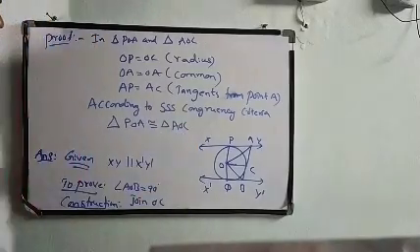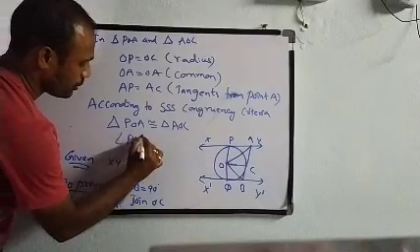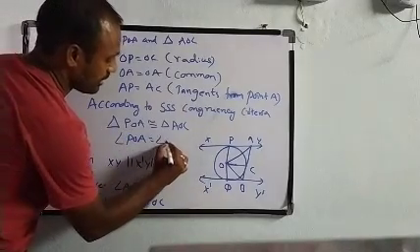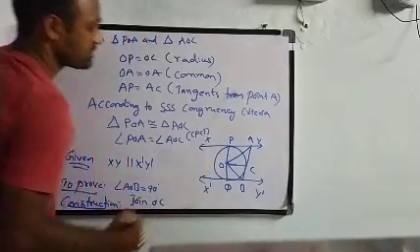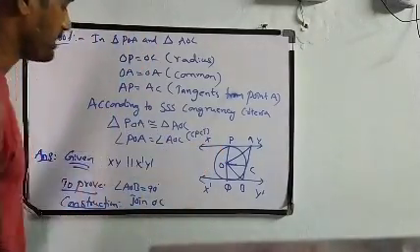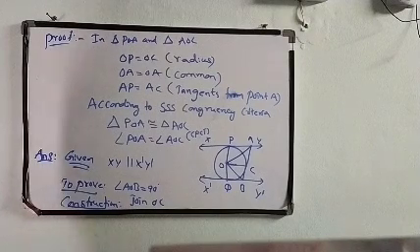If these two are congruent, I can write angle POA is equal to angle AOC by using CPCT, corresponding parts of congruent triangles.